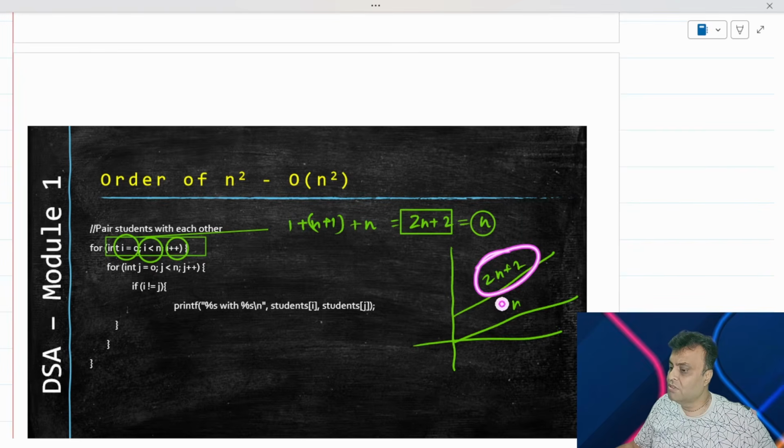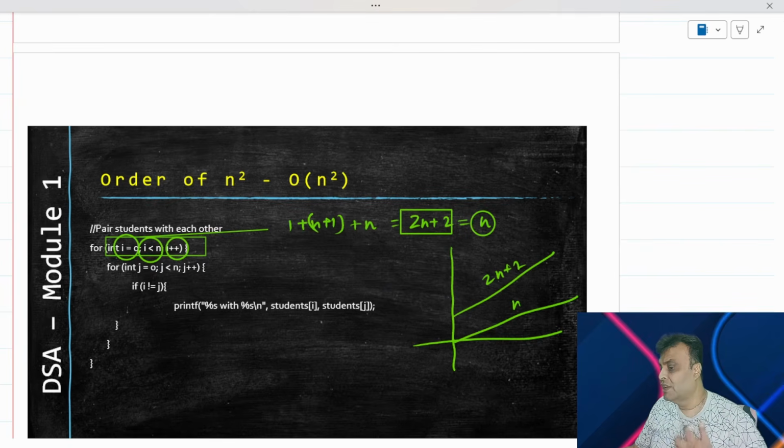Hence they will always execute in an order of n. That means the more n you give, the more the time will actually increase. Can I not say that? Both of them have the same characteristic, both of them have the same behavior, both of them will increase in the same manner if you give n. One will increase faster, one will increase slower, but that depends on the machine.